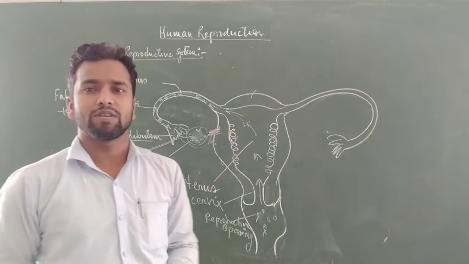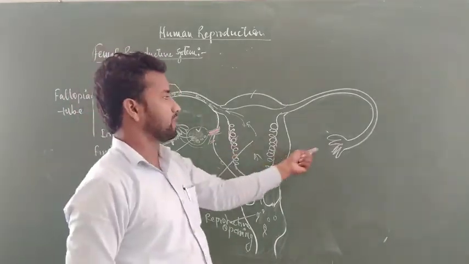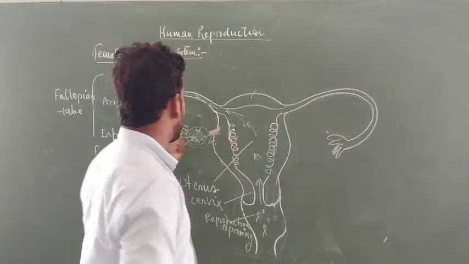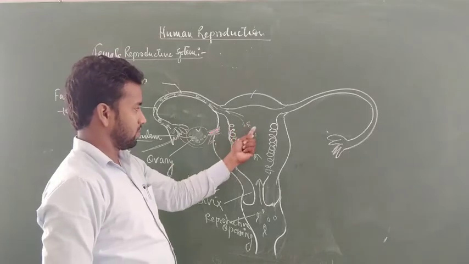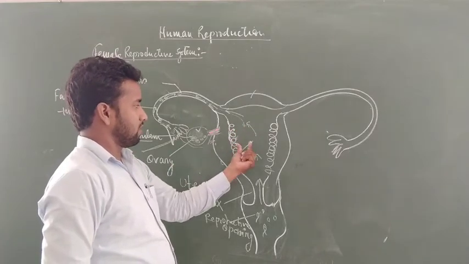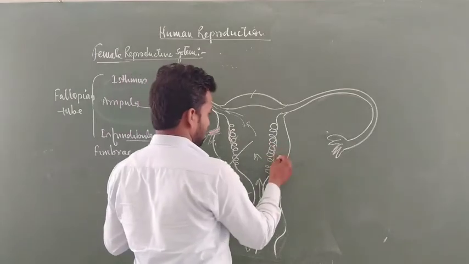The female reproductive system has different parts, like the uterus, ovaries and fallopian tubes, and different parts of the fallopian tubes. Let us see how the uterine wall is divided into different parts: the outer lining, the middle zone and the inner lining.